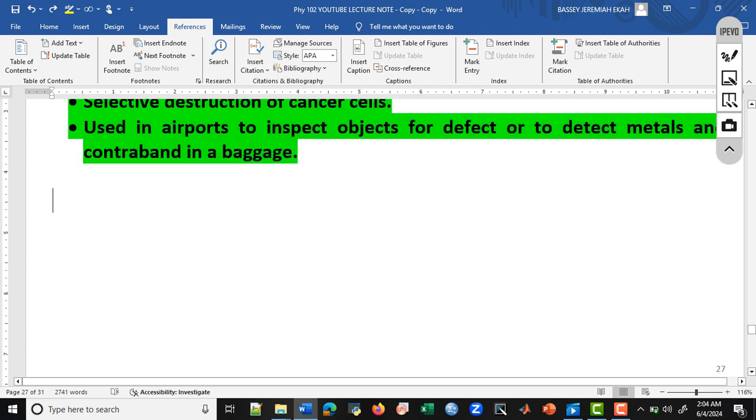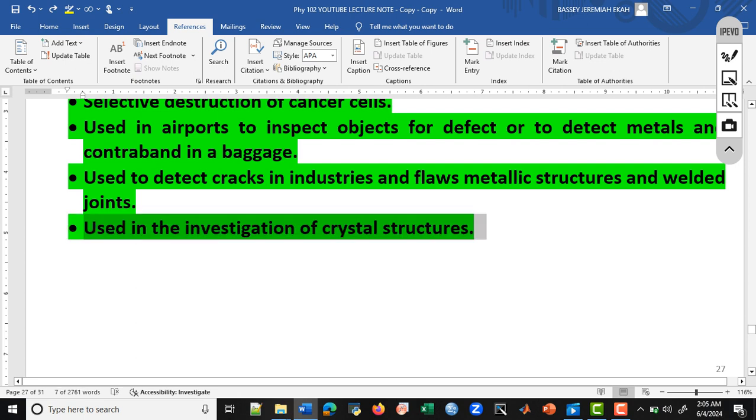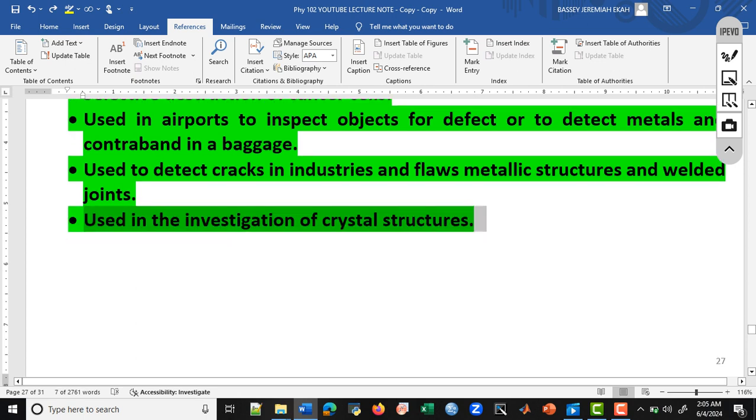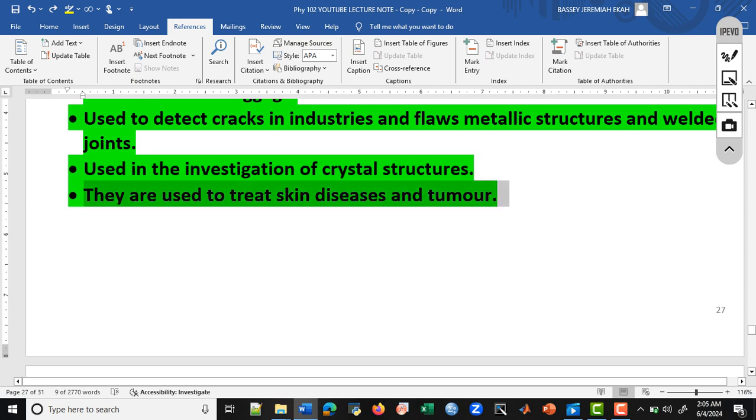They are used to detect cracks in industries and flaws in metallic structures and welded joints. They are used in the investigation of crystal structures. They are used to treat skin diseases and tumor.